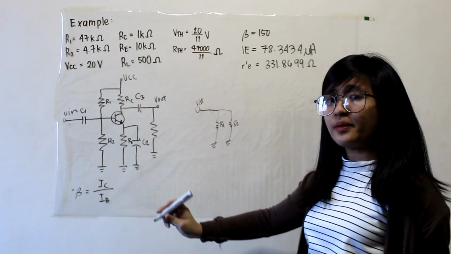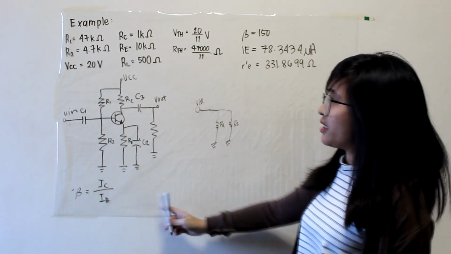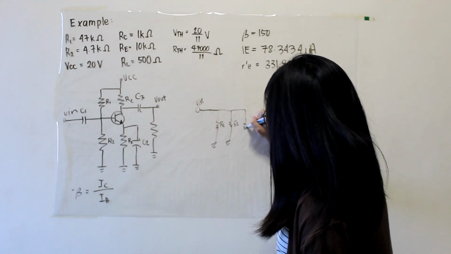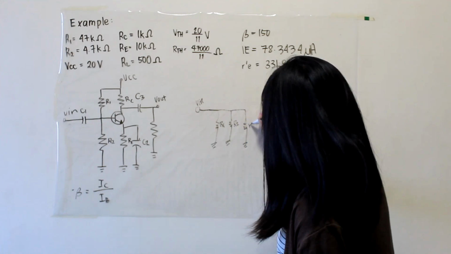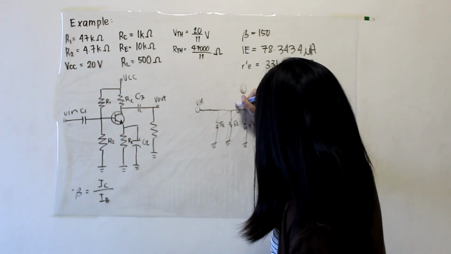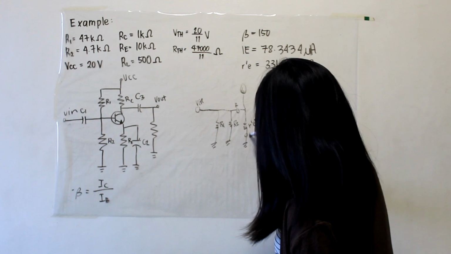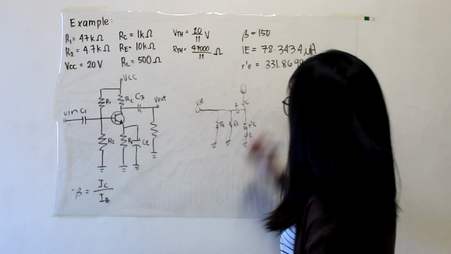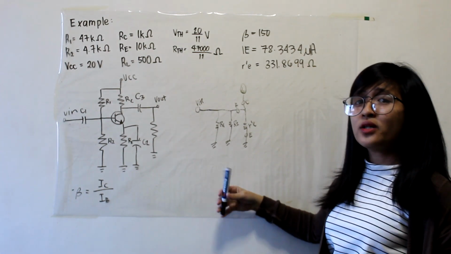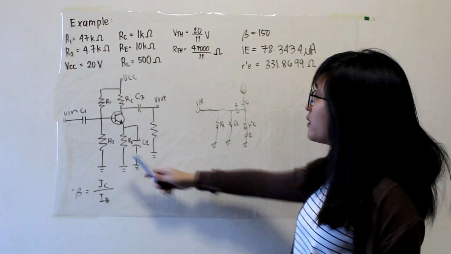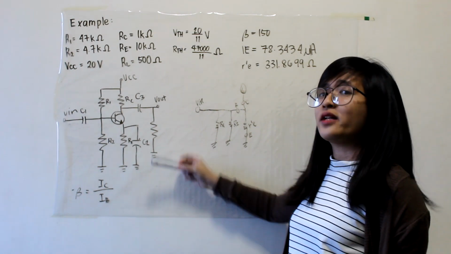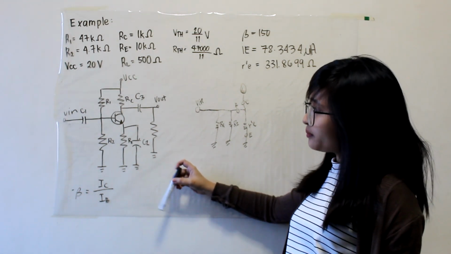Then, let us draw the simplified r parameter circuit of this BJT. As you can see, RE is not included in our circuit because in AC analysis, when the resistor is in parallel with the capacitor, the current flowing through that resistor is equal to 0.